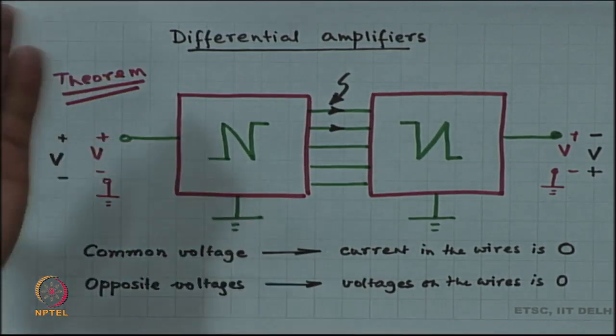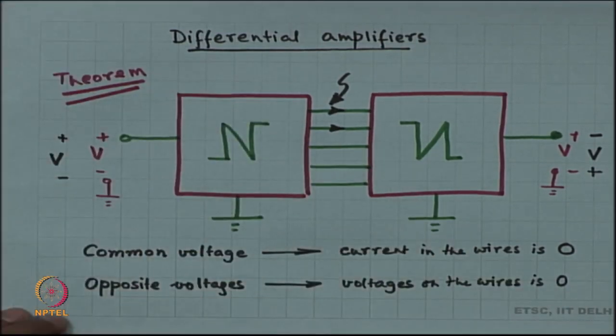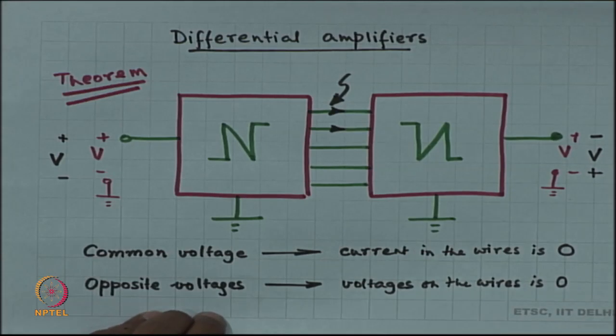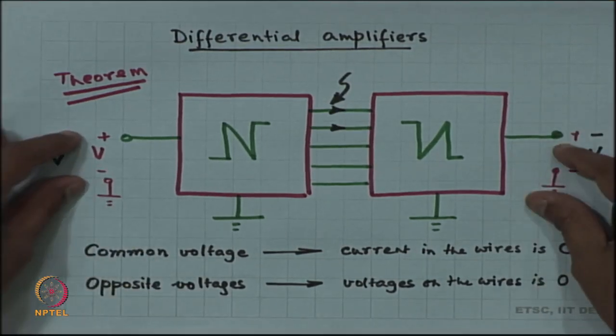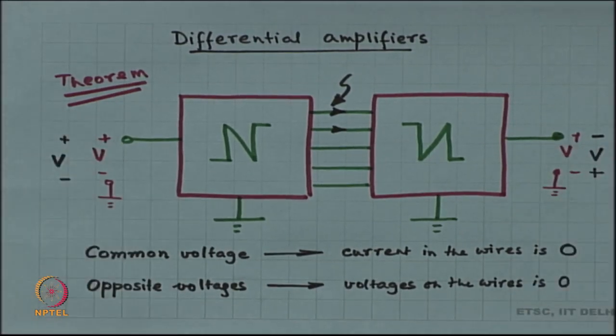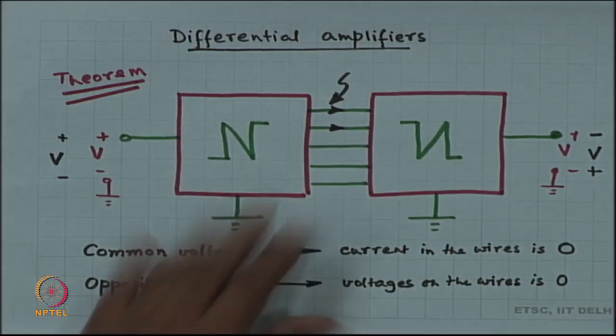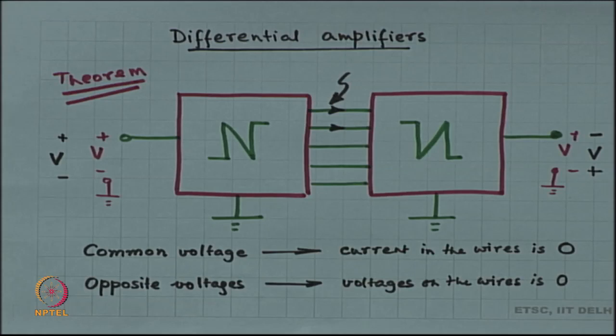So, the way we did it, we used superposition to work it out, but if N is not a linear circuit, then how will you do it? So, there are a lot of other steps that you have to go through and then you can work out what is going to happen to the odd harmonics, what is going to happen to the even harmonics and so on and so forth. If I apply equal voltages, common voltages, if I apply opposite voltages and so on. Okay. So, those parts of the theorem we are not interested in. This is something that we are going to use. Okay.